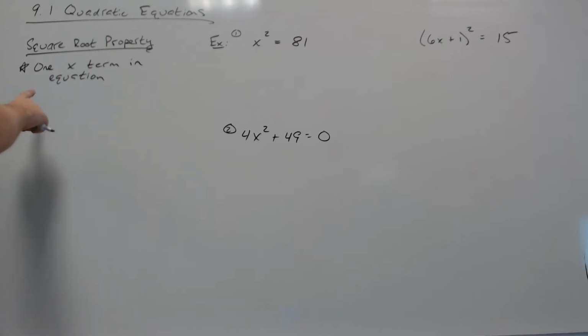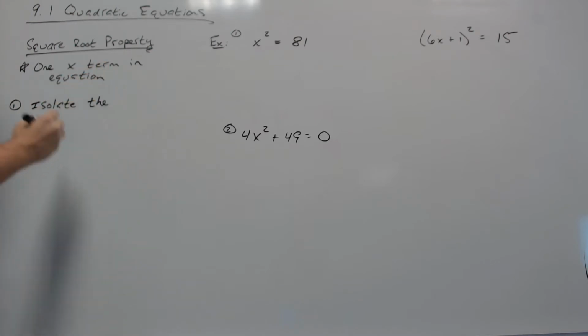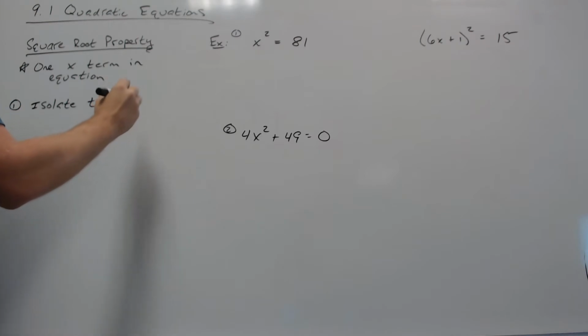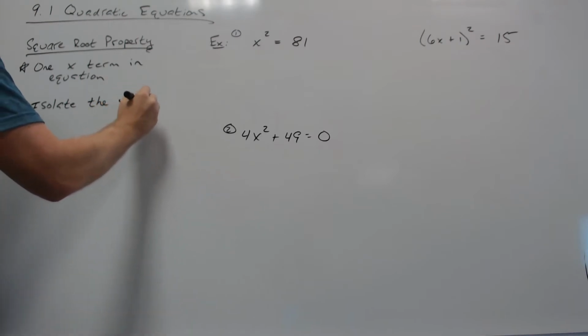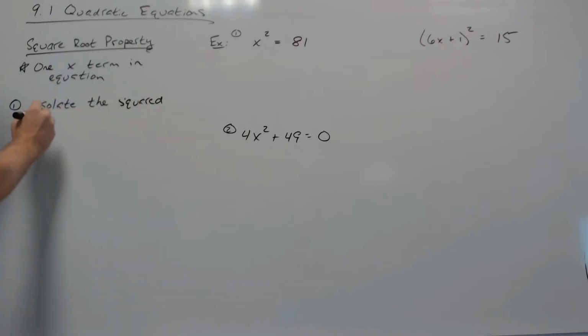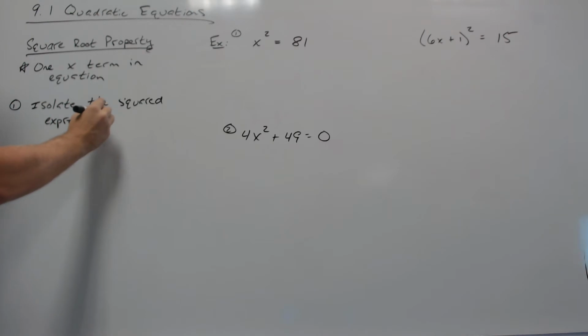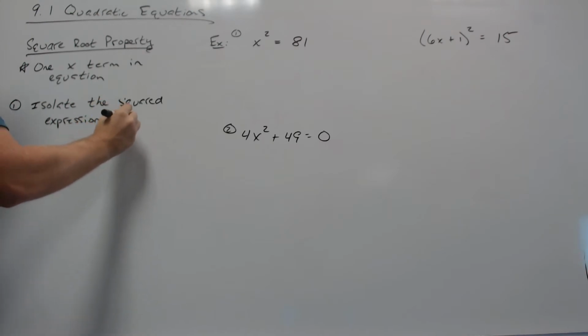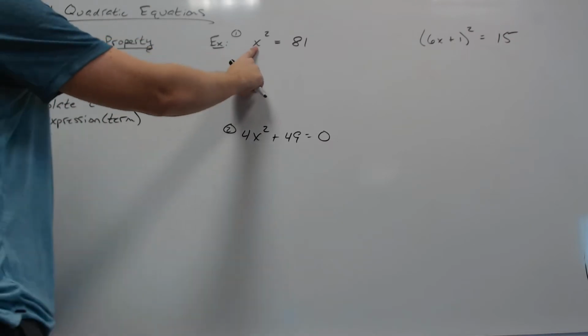All right, once we know we're going to use the square root property, the first thing we're going to do is isolate the squared expression or term. In all these cases, x squared is already by itself.